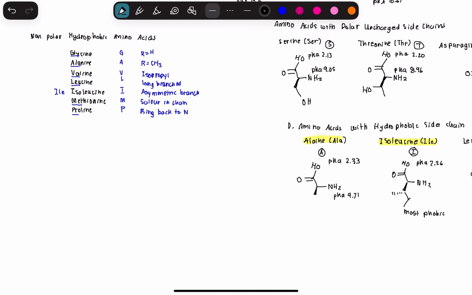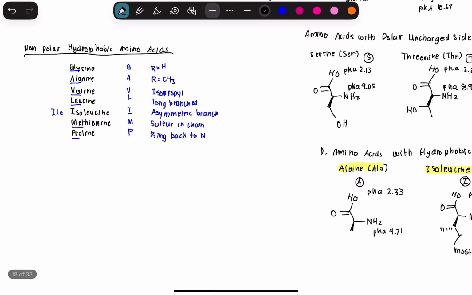So we first talked about the non-polar hydrophobic amino acids. Now we can talk about the polar amino acids.